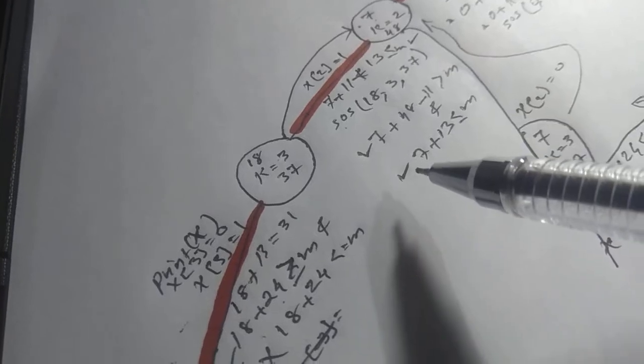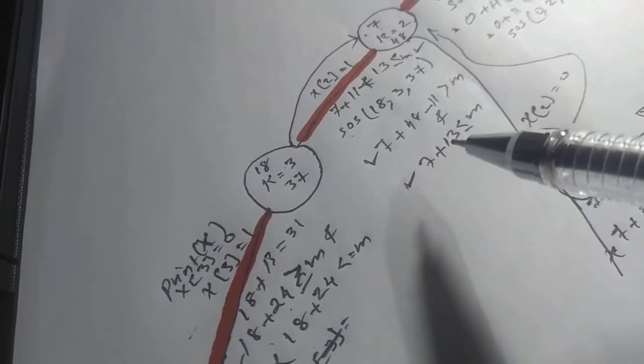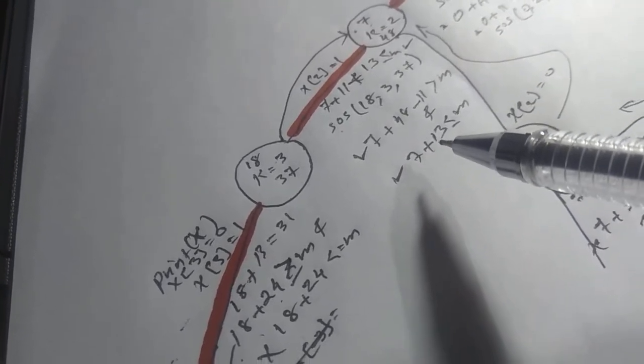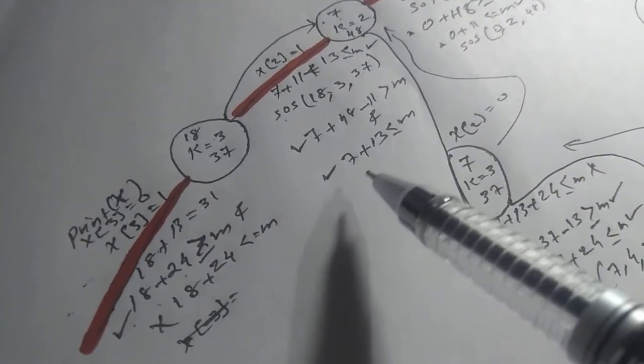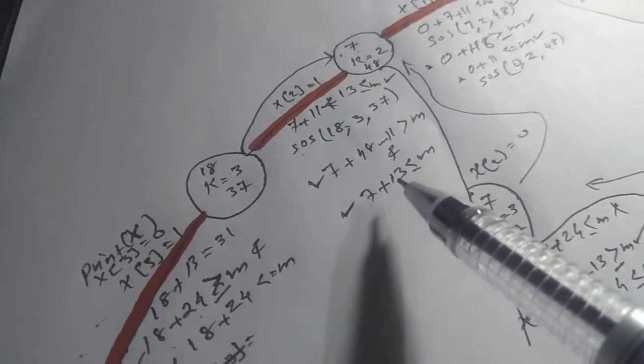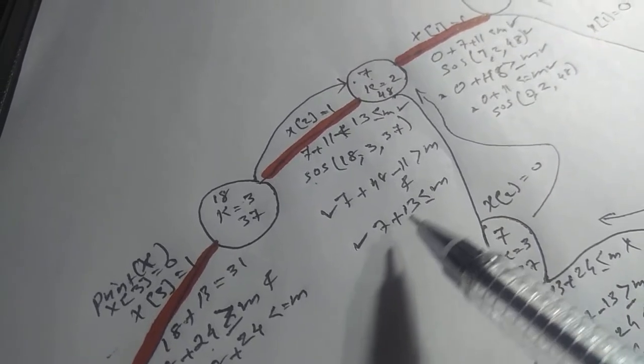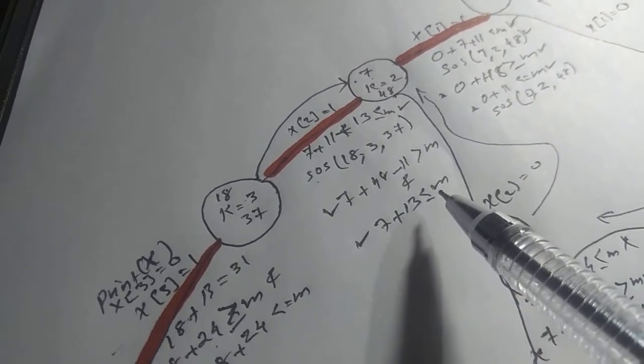And then sum plus wk plus 1. k is 2, k plus 1 is 3, so our third element is 13. So it is 7 plus 13, sum plus wk plus 1. It is less than m.